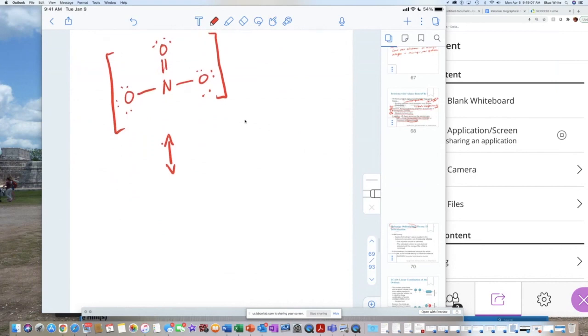That's the first one. I'm going to draw the second one, I guess below the first one. And you can see in the 3 valid Lewis structures, the part that's moving is a double bond. The single bond and the element remain exactly where they are.